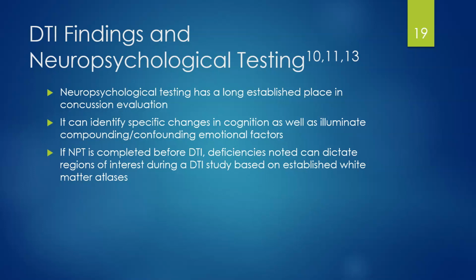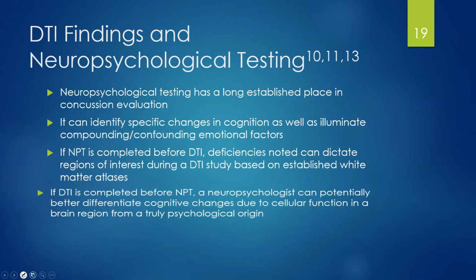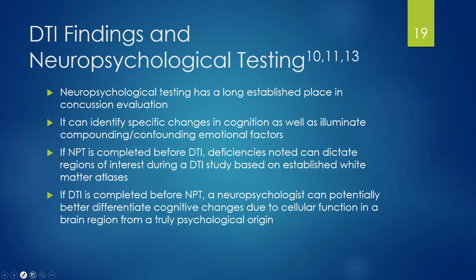And vice versa, if that data is collected afterward. So the DTI is completed, and then we have neuropsychological testing. A neuropsychologist can then maybe better differentiate between some of the things that they find, from let's say cognitive changes, and is that because, okay, I've got a cellular problem, I actually have a functional problem within the brain, or is this a true psychological origin?